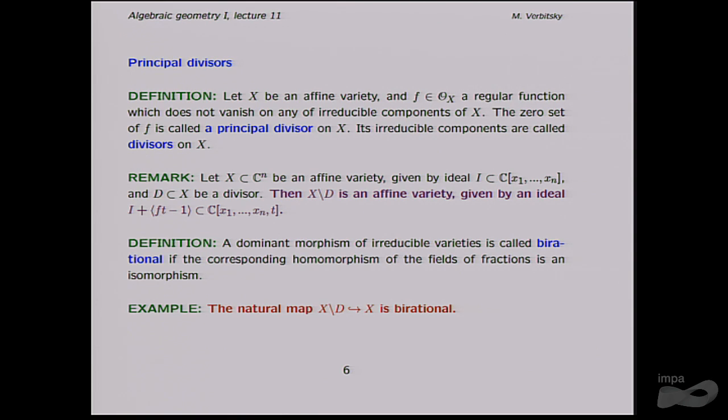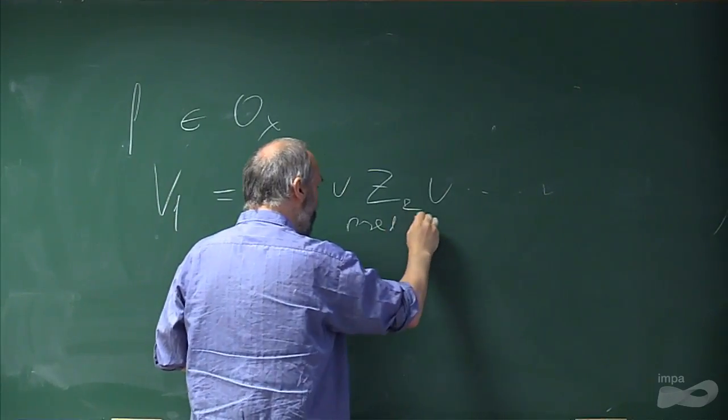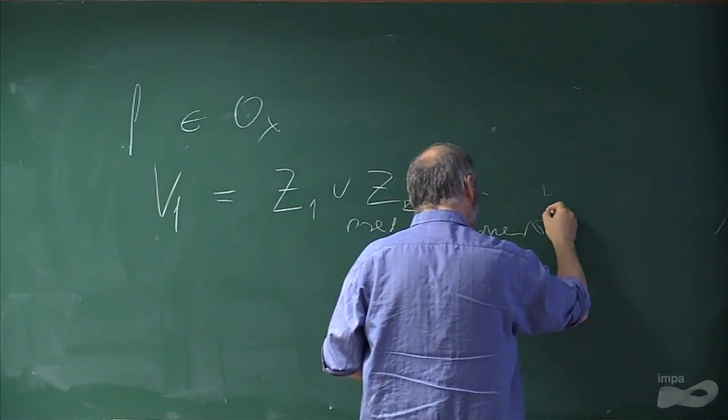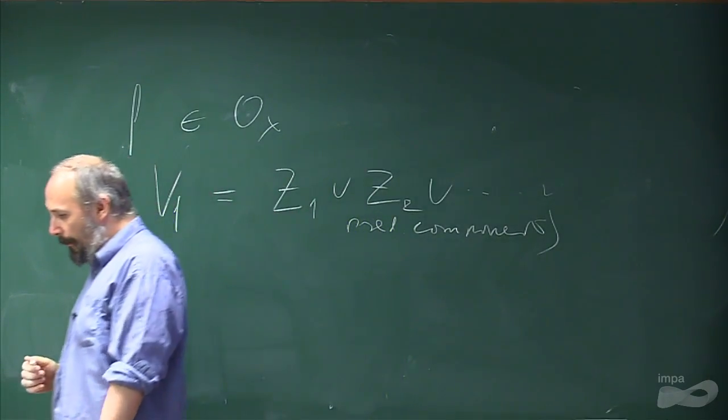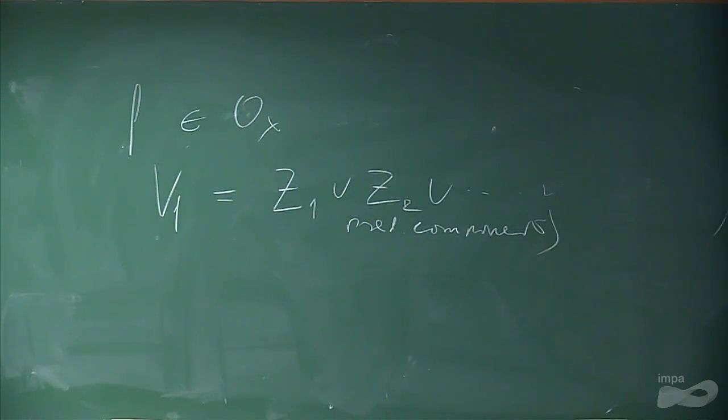The problem is that in some special situations, you have a function f belonging to O_X, you take its zero set, and you find that it is a union of two subvarieties, irreducible components Z1 and Z2, or many irreducible components, but these components are not the zero set of any function.